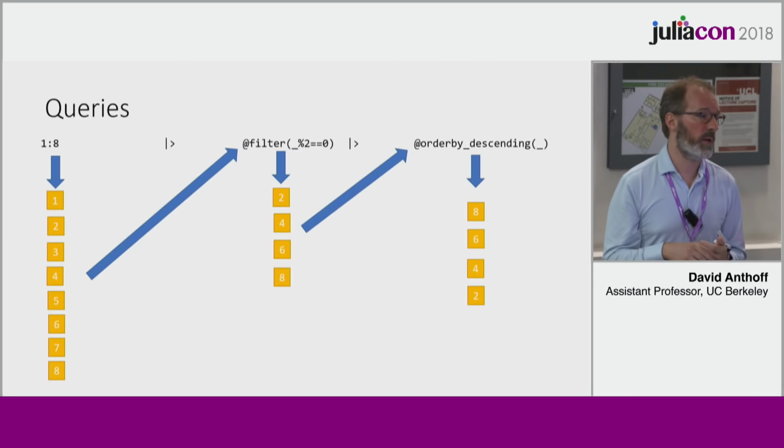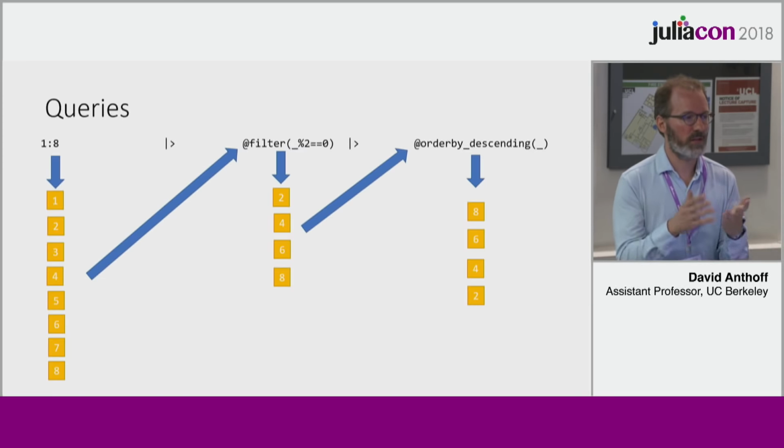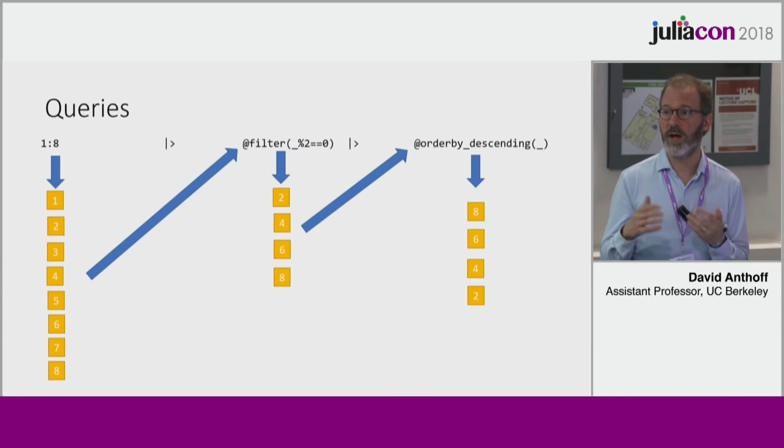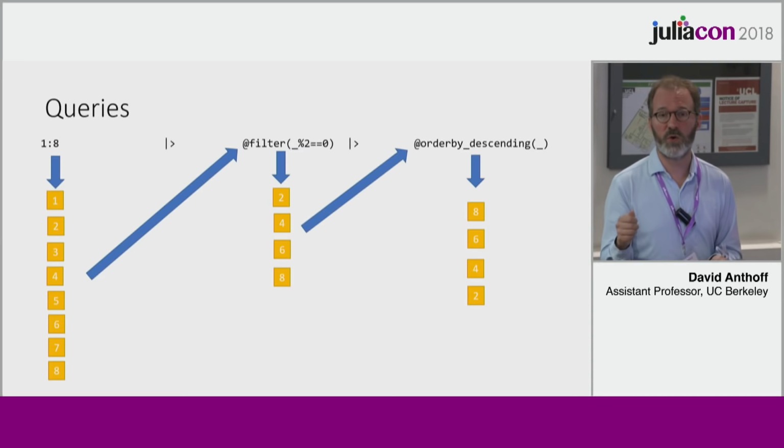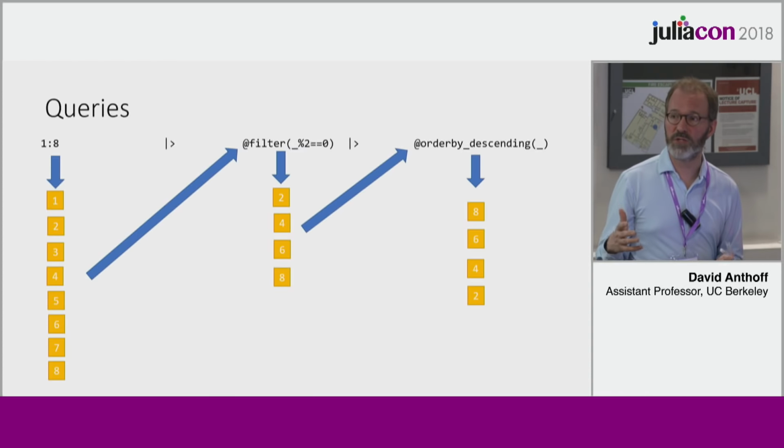Here, it is going to be applied to each number in the source sequence, and the underscore stands for each number. So you write your filter condition as essentially an expression that takes one element from the input sequence, referenced by the underscore, and then you can just write something that returns a Boolean value. The same is true for order by descending here. I say order by descending, and then underscore, that means just order it by the numbers that you get here.